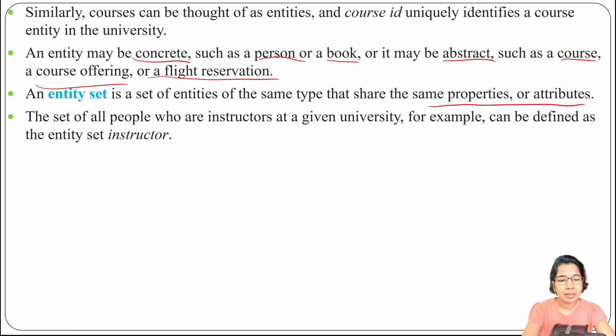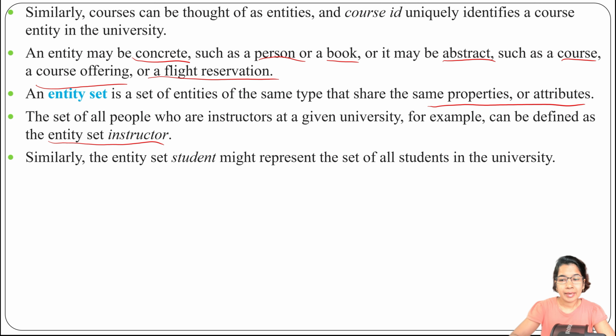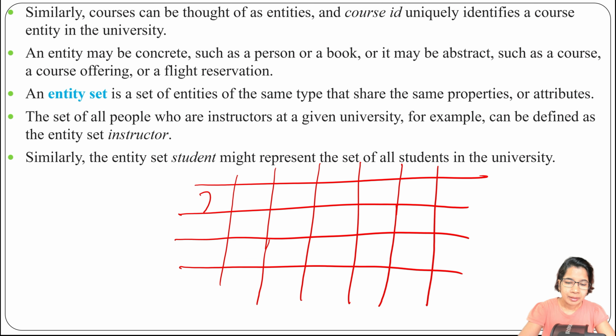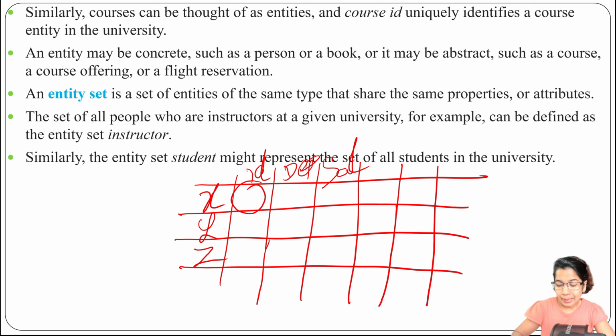For example, the entity set instructor contains all the instructors, or the entity set student contains all the students of the university. Suppose this is a table. Here X is an entity, Y is an entity, Z is an entity, and each entity has some attributes like ID, department, salary, and for each entity there is some value for each attribute.